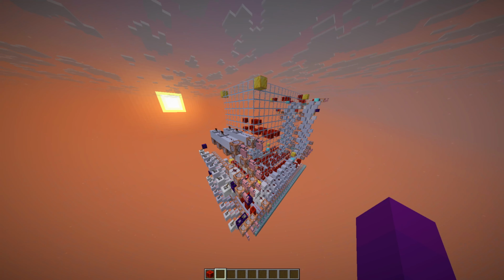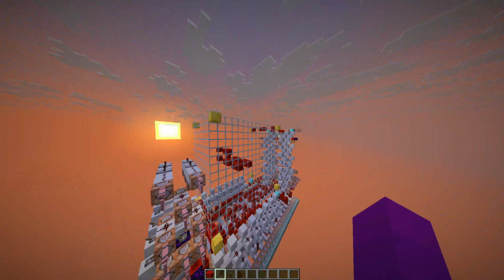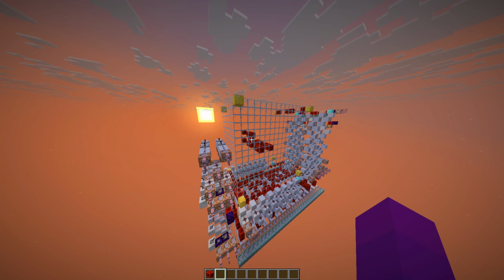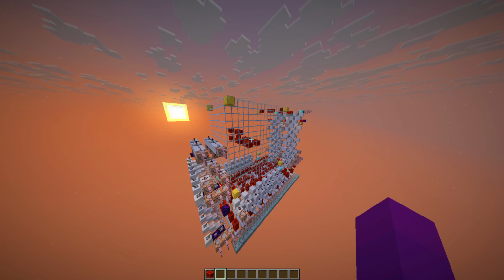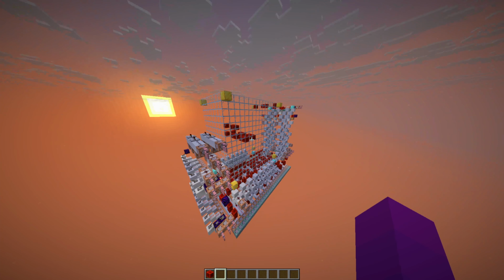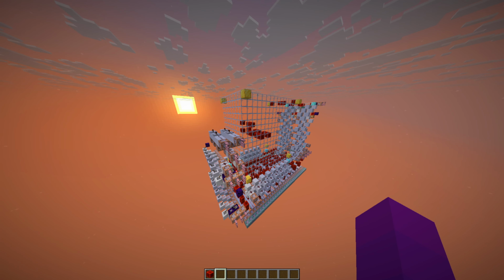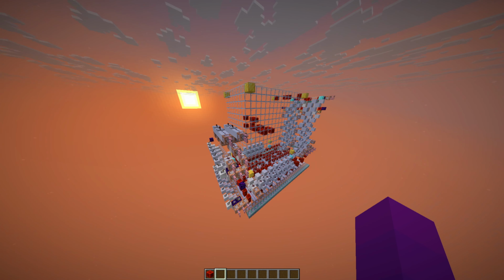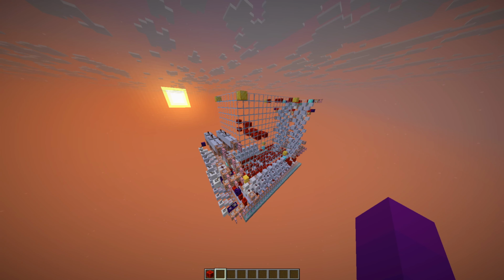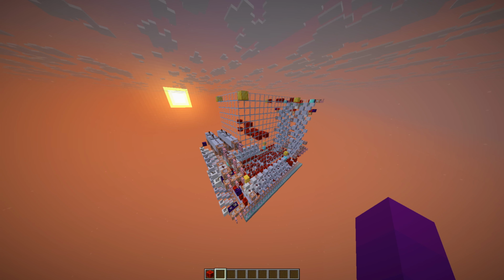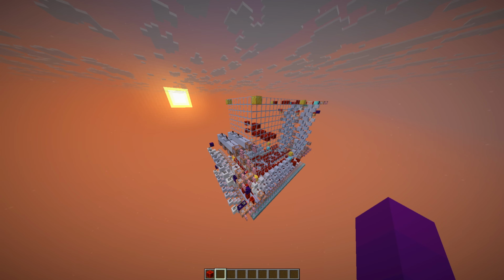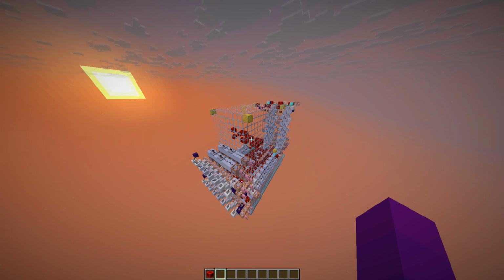So if you were to store hexadecimal, like I said, a single one of these would be 4 kilobytes. So if you had 4 of these, that would be 16 kilobytes. And yeah, pretty neat.